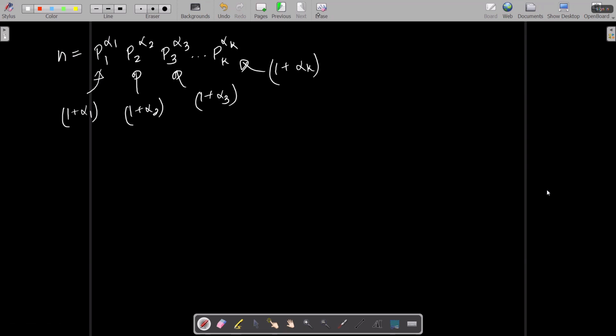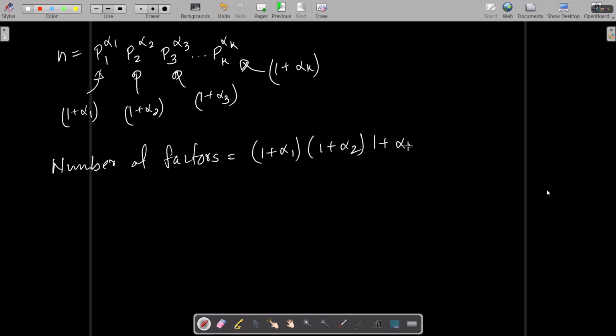So we need to multiply all of these possibilities to get the number of factors. The number of factors is 1 plus alpha 1, 1 plus alpha 2, 1 plus alpha 3, and all the way up to 1 plus alpha k. Now we can incorporate the product notation here.